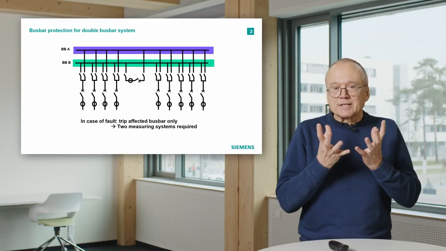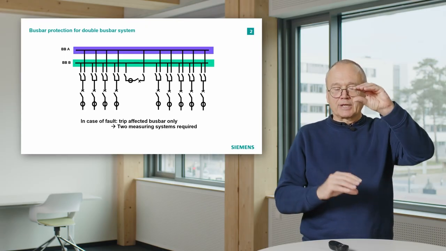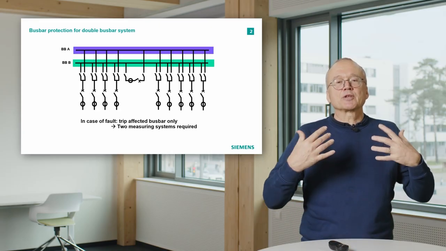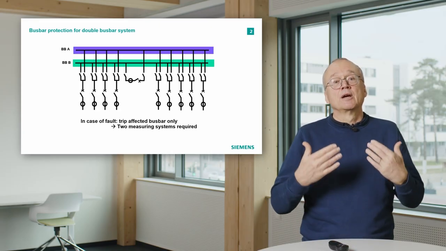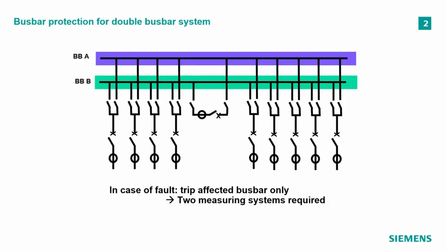And of course, in such a substation, you would like to have a busbar protection separately for the 2 busbars. That means if you detect a short circuit on busbar A, you would like to trip only the feeders which are connected to busbar A. And the same applies to busbar B. Not if you see a fault on one of the busbars, you trip all breakers around there.